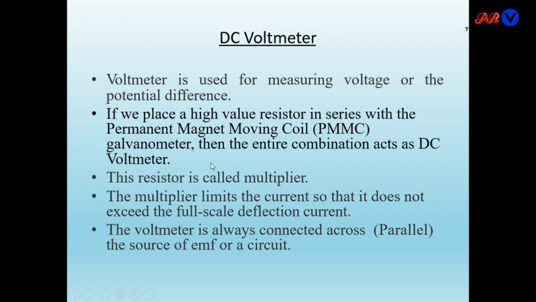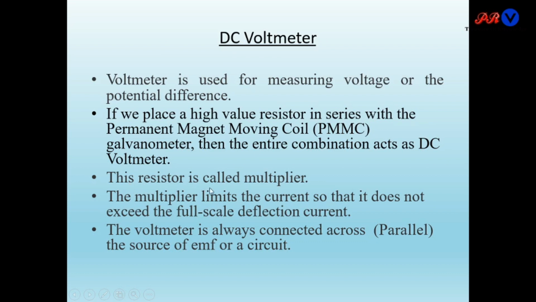Means to make PMMC as DC voltmeter, we have to put a series resistance with the PMMC, while in case of DC ammeter, we have to place a shunt resistor in parallel to the PMMC. So this is the difference between DC voltmeter and DC ammeter.